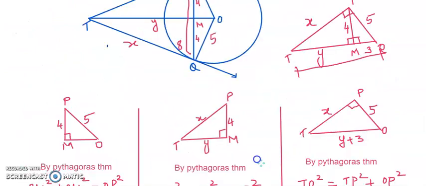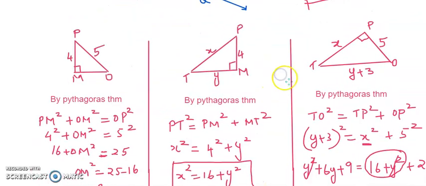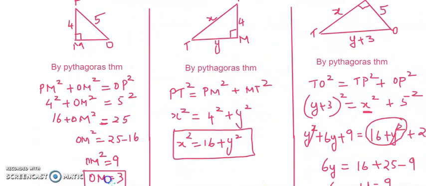Again, what did we do? We actually listed out the sides. The chord was given as 8 centimeter. Half of the chord is PM, which is 4. Radius is 5. The length of the tangent from the external point, TP, is X. And here we have got 3 right angles, PTO, PTM and POM. So we did the first Pythagoras in PMO. We found the value of OM as 3.